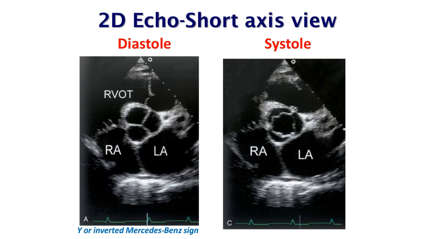So this is the third level of short parasternal axis view at the level of great vessels. We went through the long parasternal axis view, and we went through the short axis view at the level of the papillary muscle and the mid cavity, and also we went through the short axis view at the level of the mitral valve.